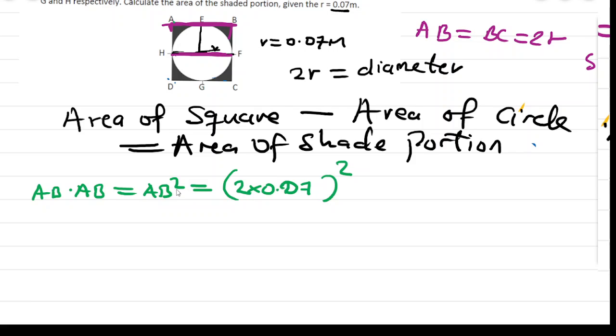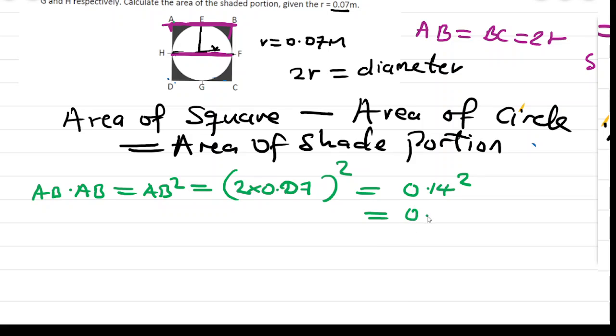So this whole thing we evaluate to, if you take the square of 2 times 0.07, first of all, 2 times 0.07 is equal to 0.14. So this is 0.14, all to the power of 2. So 0.14 all to the power of 2 is equal to 14 over 100 squared, that is 196.